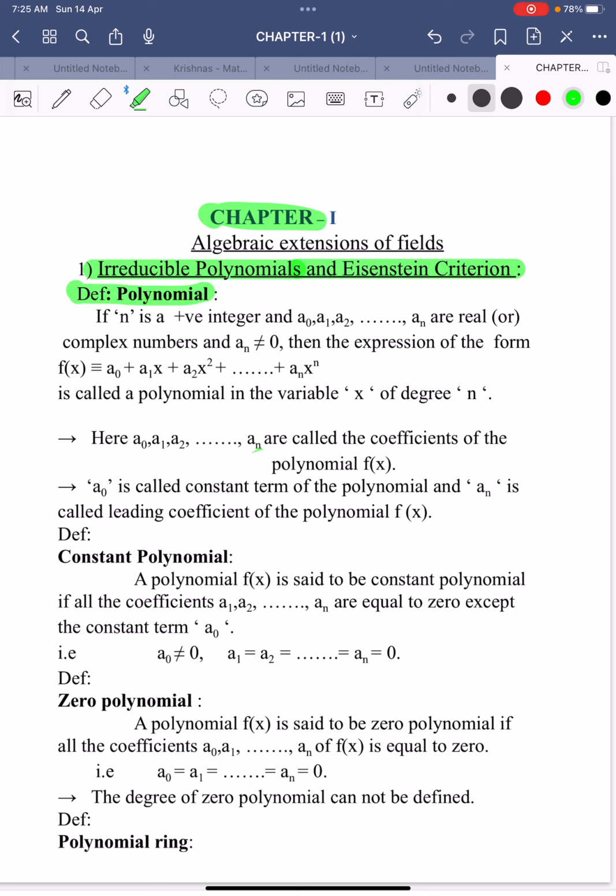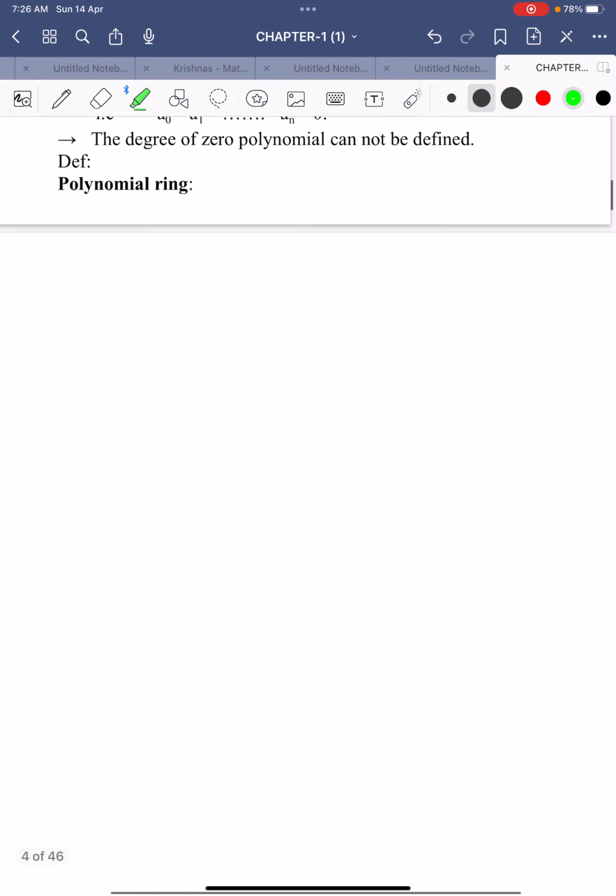Let us see the definition of polynomial. If small n is a positive integer and a0, a1, a2 and so on, an are real or complex numbers where an not equal to 0, then the expression of this form f of x is equal to a0 plus a1x plus a2x square plus and so on plus an x power n is called a polynomial in the variable x of degree n.